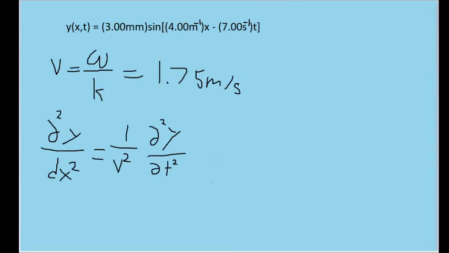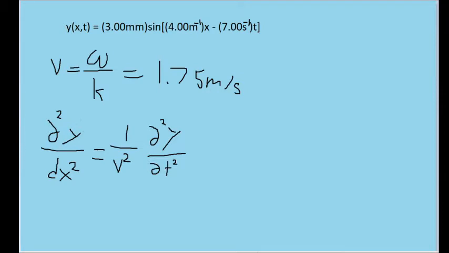The wave equation is given by this right here, where we have the second partial derivative of y, the transverse displacement of the wave, with respect to x, the horizontal positioning of a particle in the wave, is equal to 1 over the wave speed squared times the second partial derivative of the transverse displacement of the wave with respect to time.